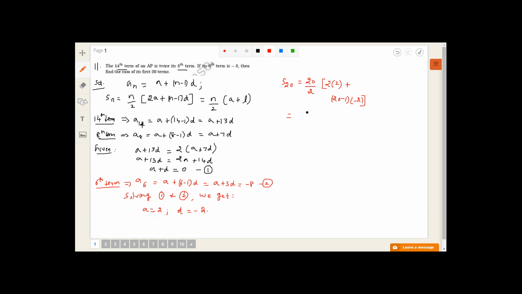So this can be written as 10 into 4 plus 19 into minus 2. So 10 into 4 minus 38, that is equal to 10 into minus 34, which is equal to minus 340. So the sum of first 20 terms will be equal to minus 340.